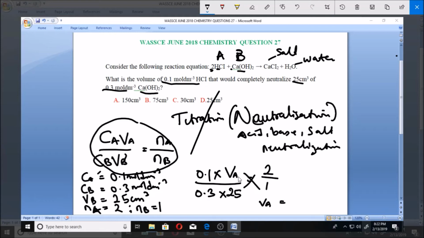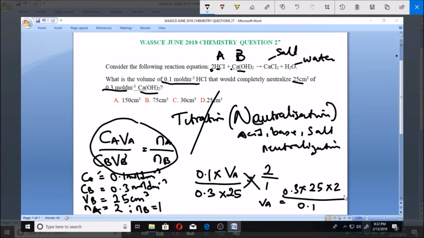So when we cross multiply and make Va the subject of the formula, we have Va equal to 0.3 times 25 times 2, all over the things that are with Va, which is 0.1 times 1, which is also 0.1.